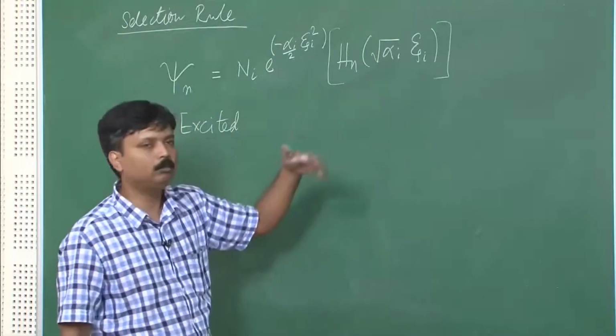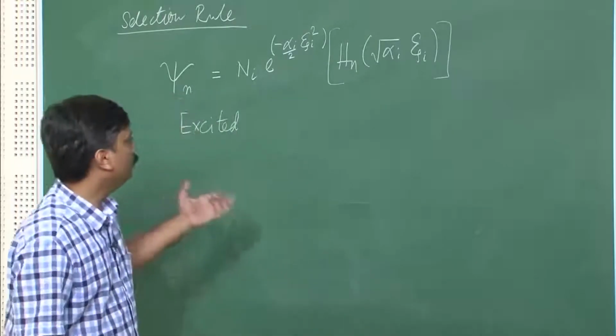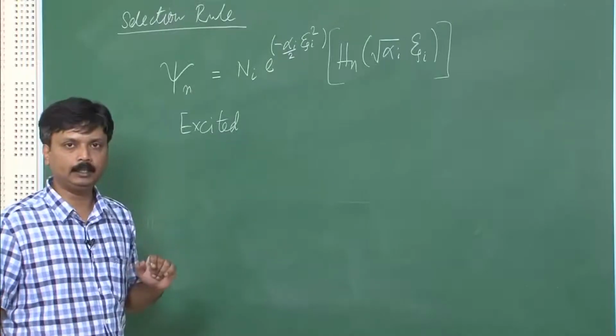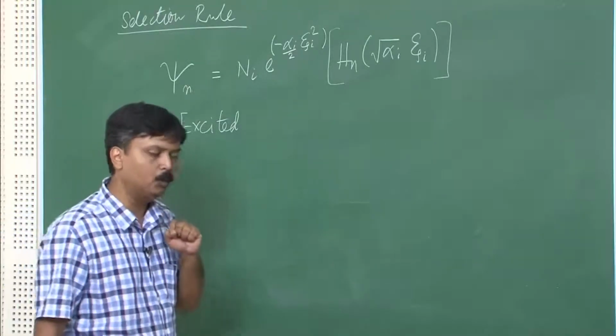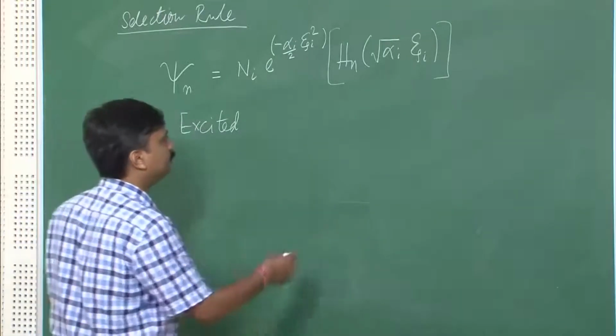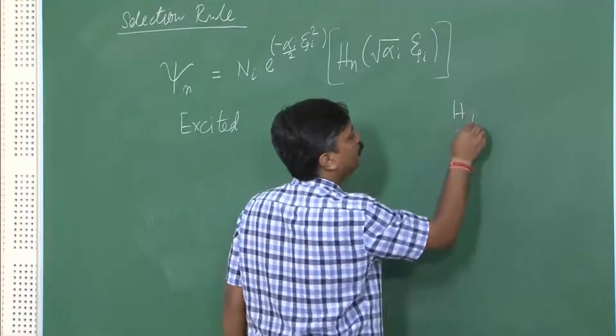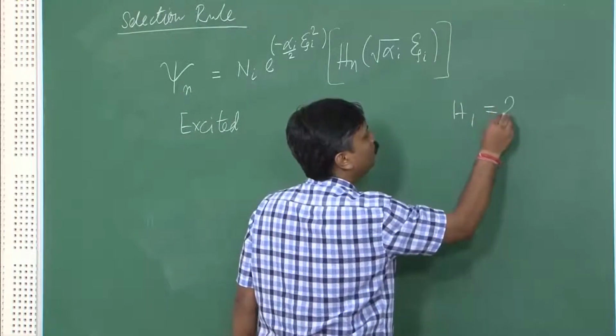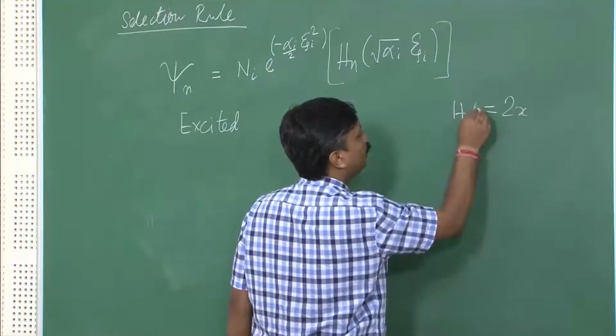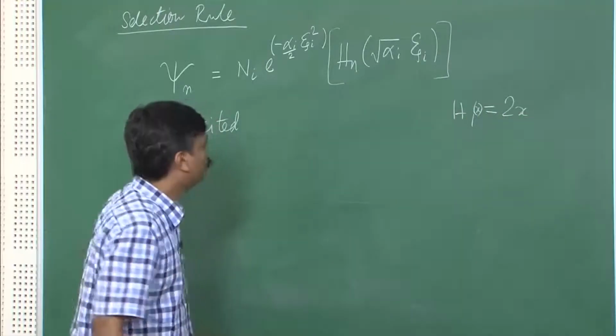So, as we said earlier, for the first excited state, or n equals to 1, H1 is equal to 2x when I am talking about H of x.